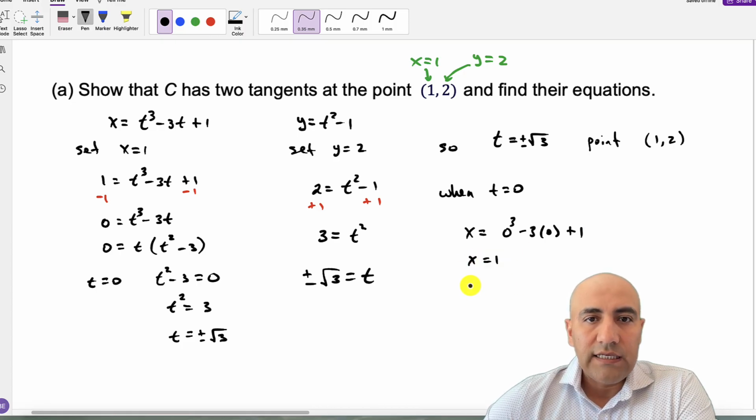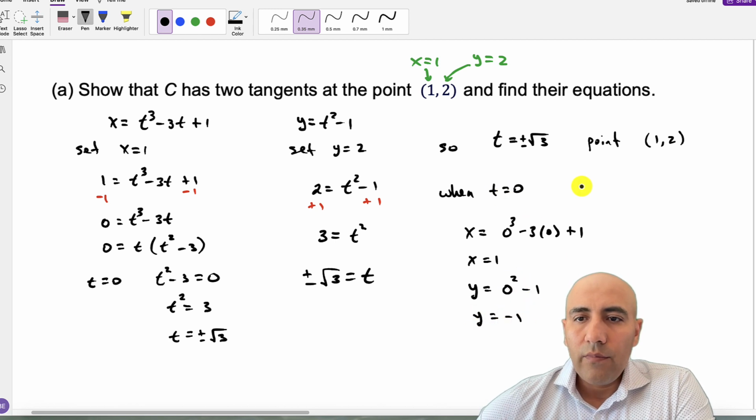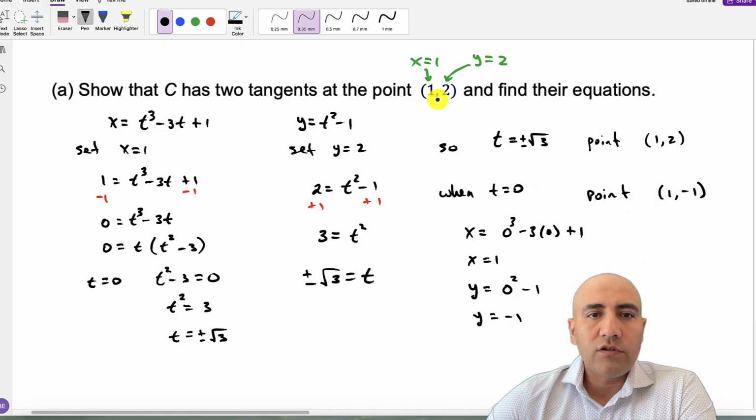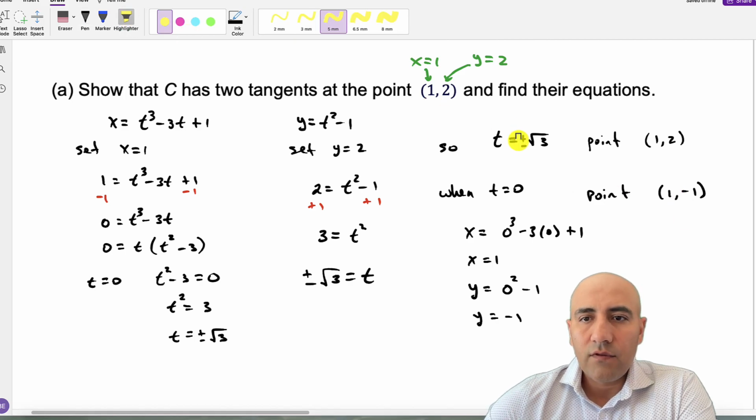And when we plug in t = 0 for y = 0 squared minus 1, we get y = minus 1. So this leads to a different point, (1, minus 1). Okay, so that one is not a point of interest. We are told to find the tangents at this point, not this point. So here it is. When t equals plus or minus root 3, we have our point (1, 2). So let's find the tangents and the equations of those tangents at this point.